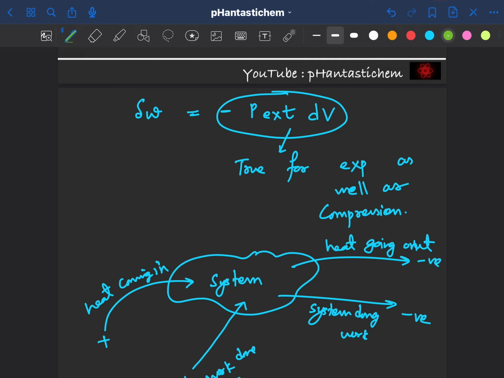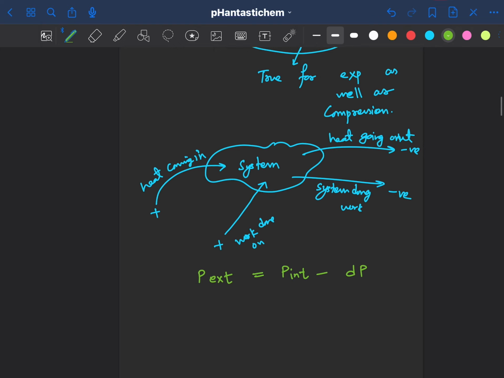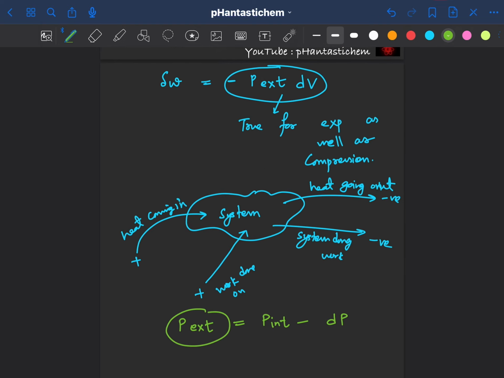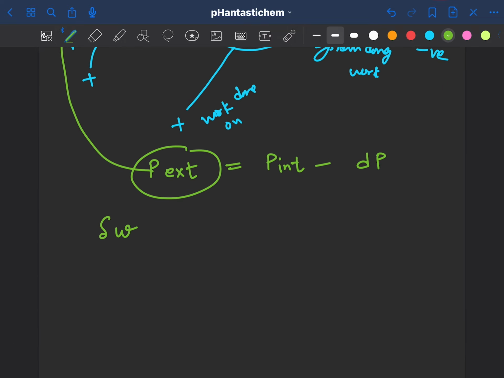Now, since we said that it is a reversible expansion, we can write P external is equal to P internal minus dP, and we can substitute this value of P external in this equation. So dW, the small amount of work done, will be minus of (P internal minus dP) into dV, right?